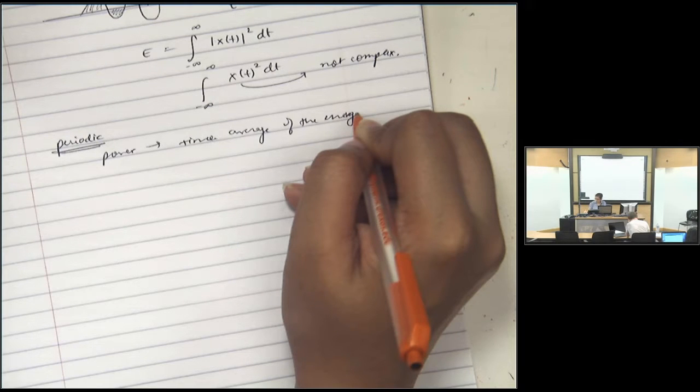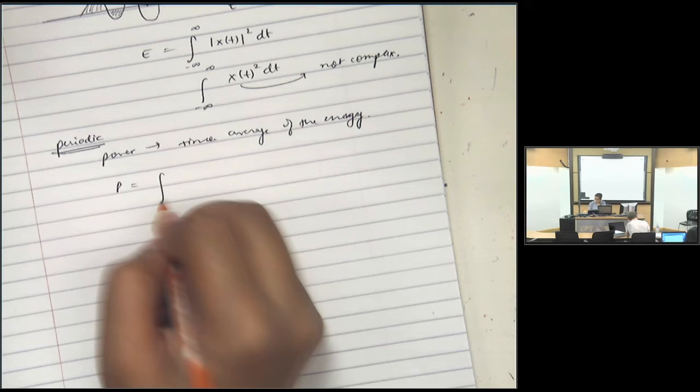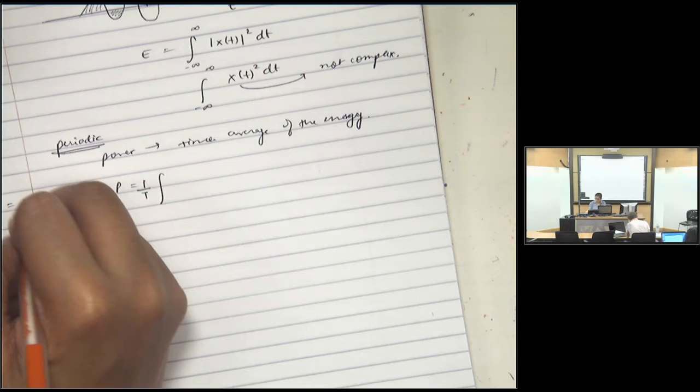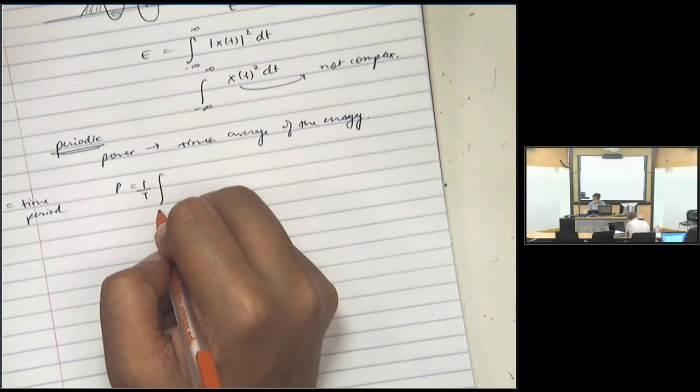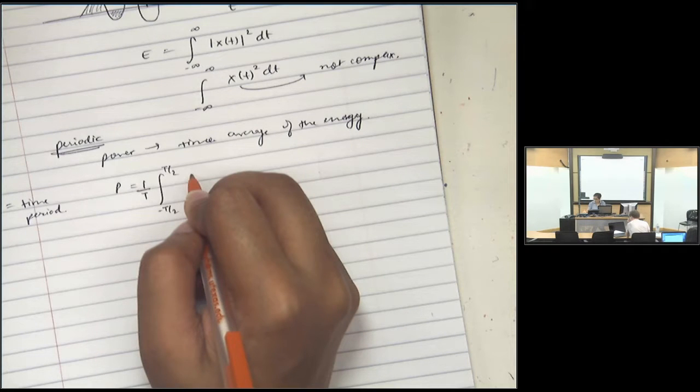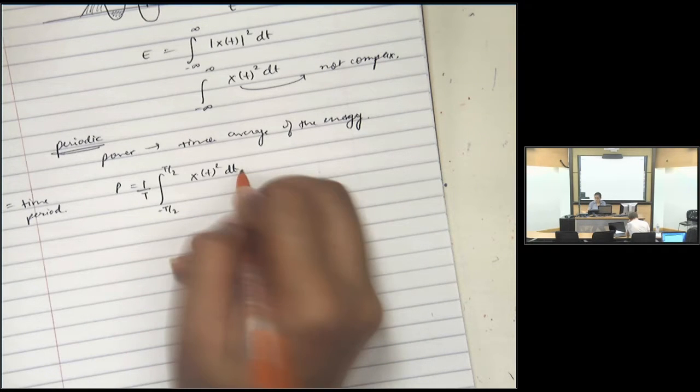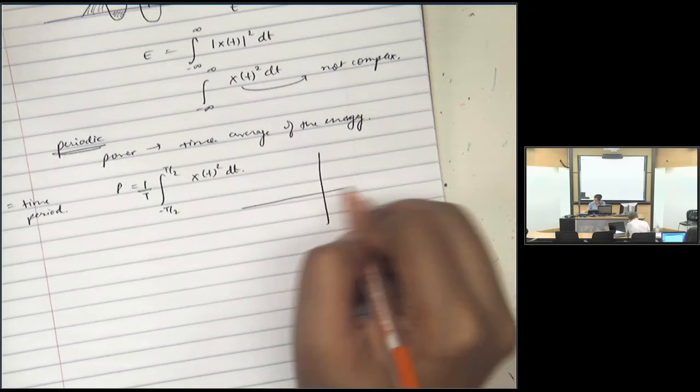Okay? So power, T is the time period of my periodic signal. This goes from minus T by 2 to T by 2 of |x(t)| square dt. Okay? So let's say if your signal is like this.